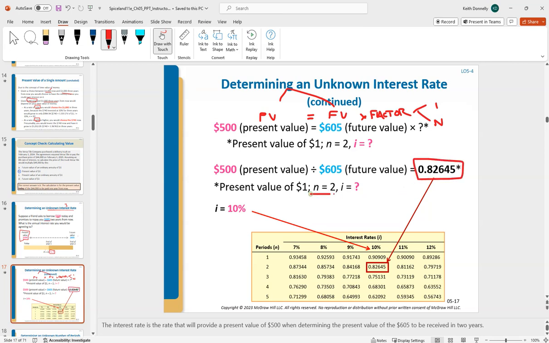We know in this case the N is 2, so we go to row 2 and work our way over until we hit that 0.82, then we go up and back into the 10%. It's like playing Battleship in reverse. Normally it's 2 and 10 and you map the coordinates. Here it's 2, you work your way over and you go up. It's just stretching you out, solving for a different variable.